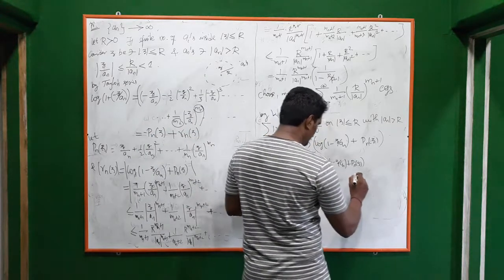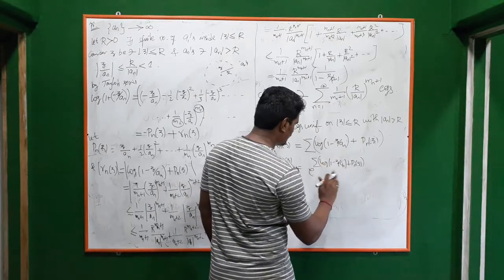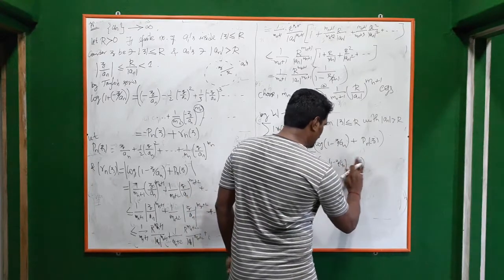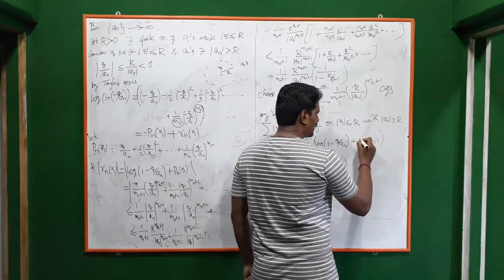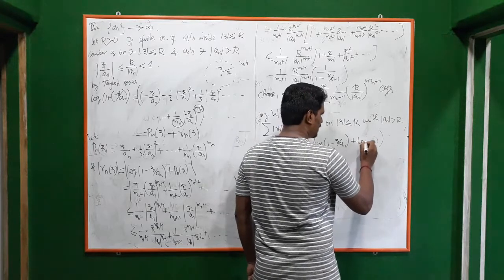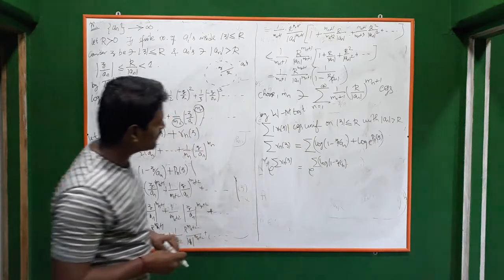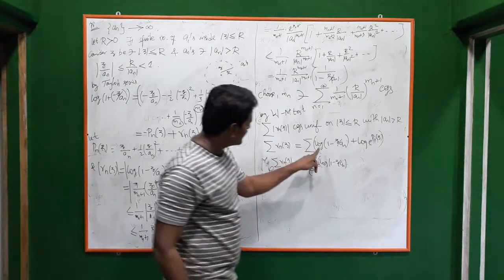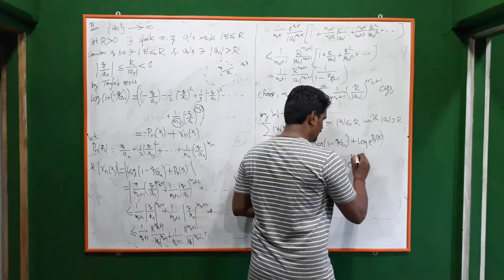So this will be equal to, log is common for both, sorry, not common. So to make it common, what I will do is Pn of z I will write it as log e power Pn of z. Okay, log e power Pn of z means, log a plus log b is log ab, so log of 1 minus z by an into e power Pn of z.